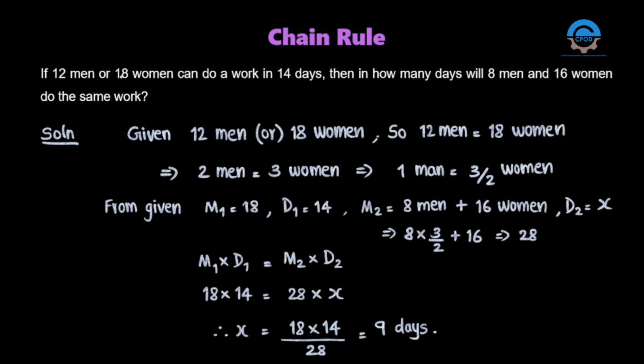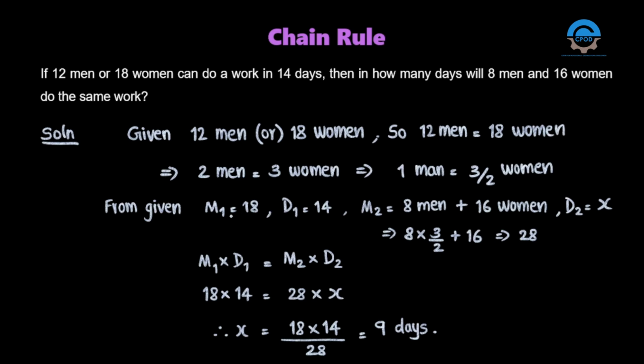Here it is "or", here it is "and". So we have to convert this men value into women value or women value into men value. So we have taken 12 men's work is equal to 18 women's work. On further simplification, we are getting 2 men's work is equal to 3 women's work. So 1 man's work is equal to 3 by 2 women's work.